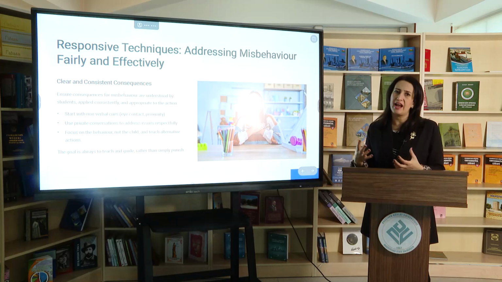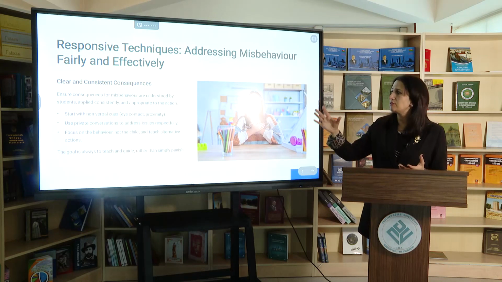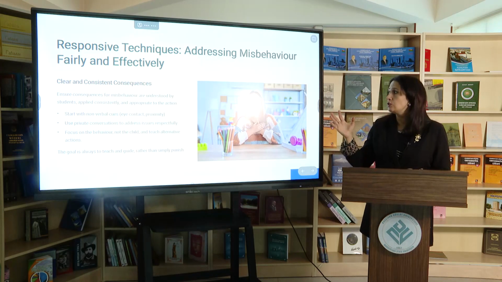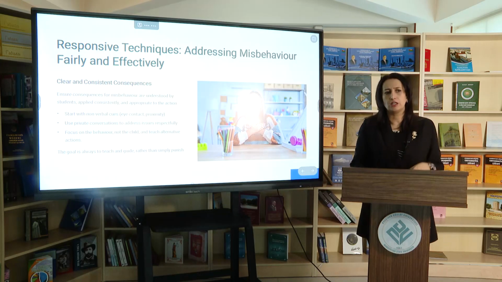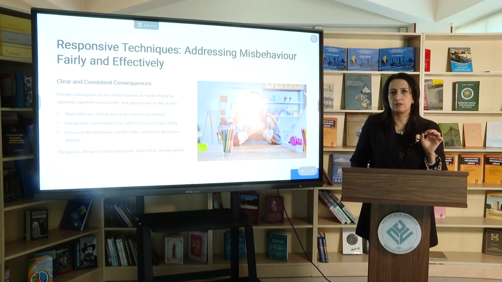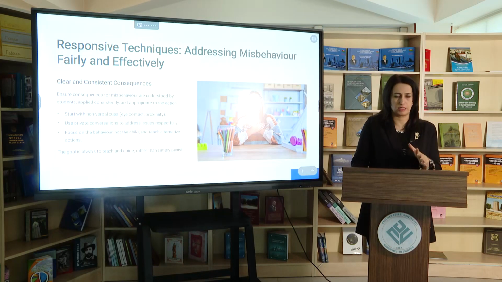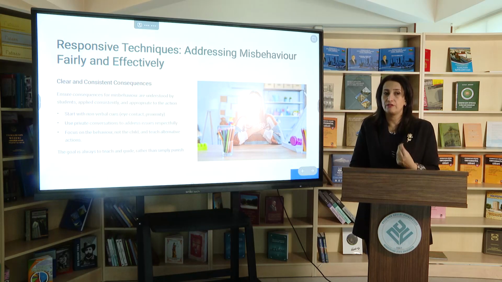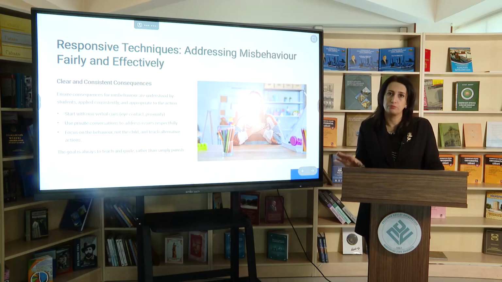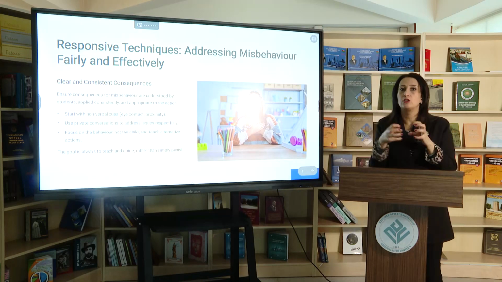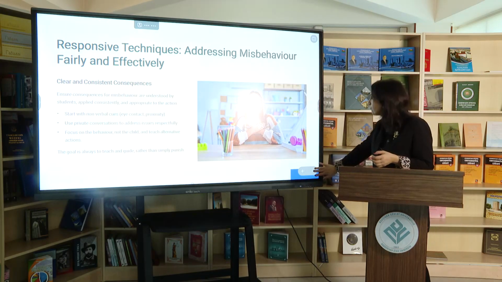For instance, we may have some private conversations, not addressing them in the class, telling them that you are wrong or you did wrong things. We need private conversations. Okay, private conversations, and if you see that it doesn't work, then you will address their parents. That's why we need collaboration with our parents.